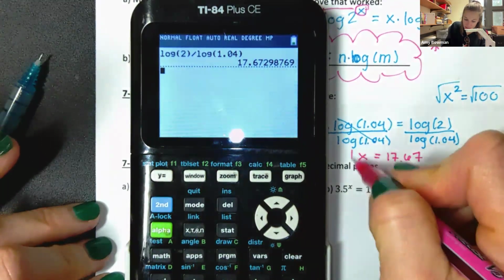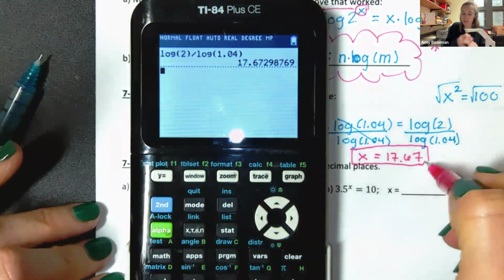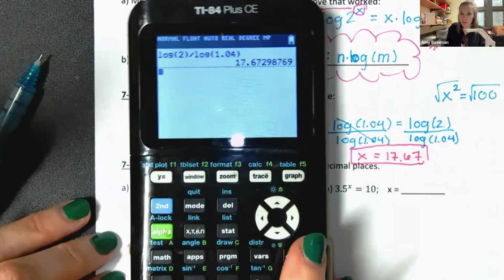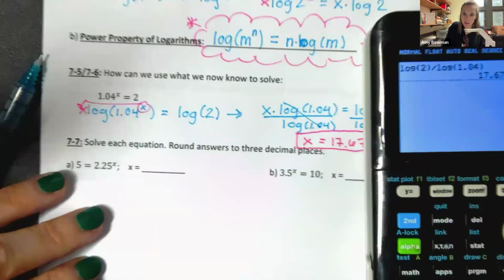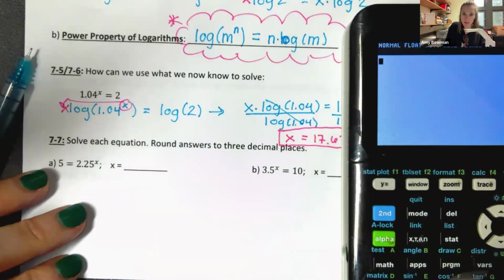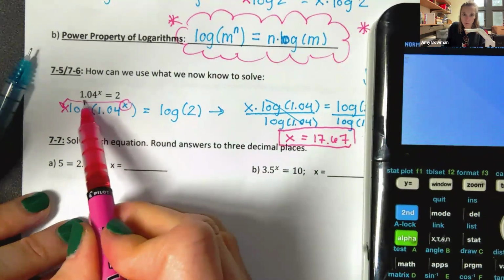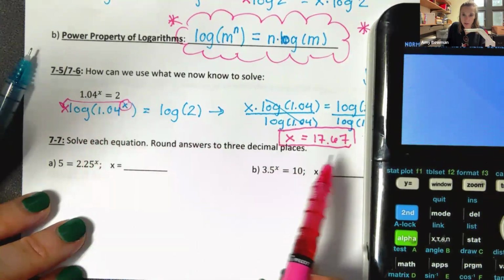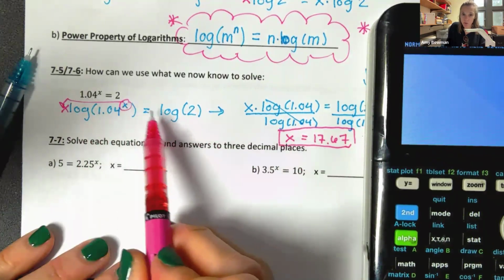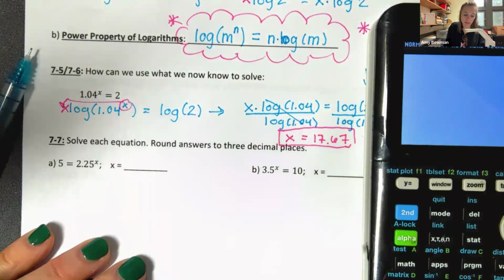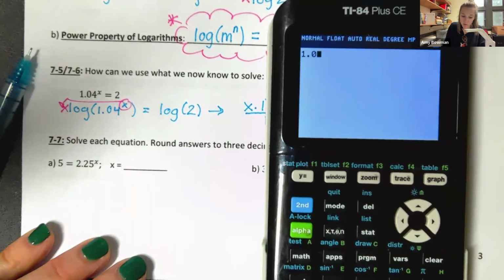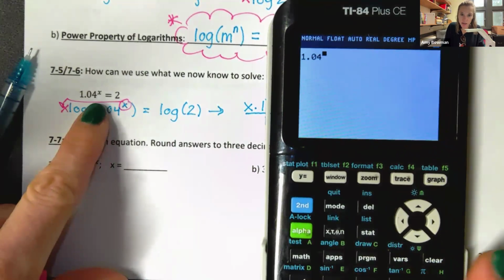And then if you're unsure, and since this is a new process, a new use of logarithms, you could always just go back to the original problem. Supposedly 1.04 raised to this number, 17.67, is 2. Now we rounded, it's a decimal approximation, but it's a quick check. We can actually just plug our answer back in for x here.